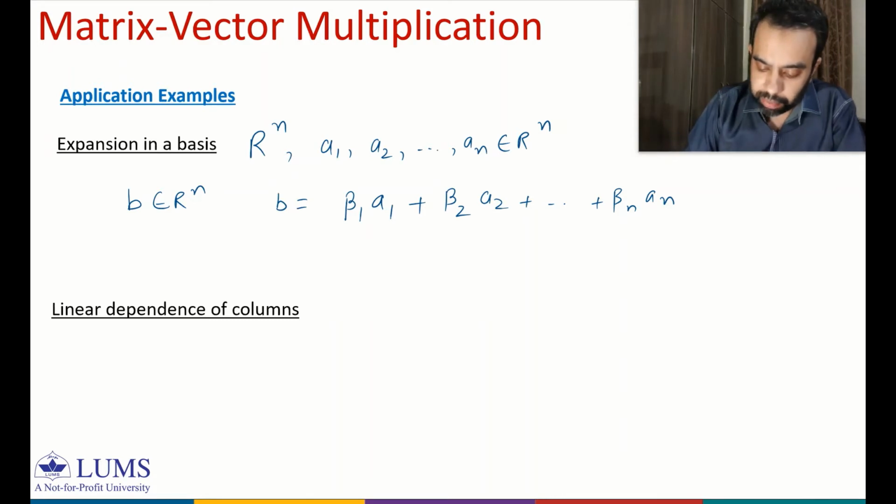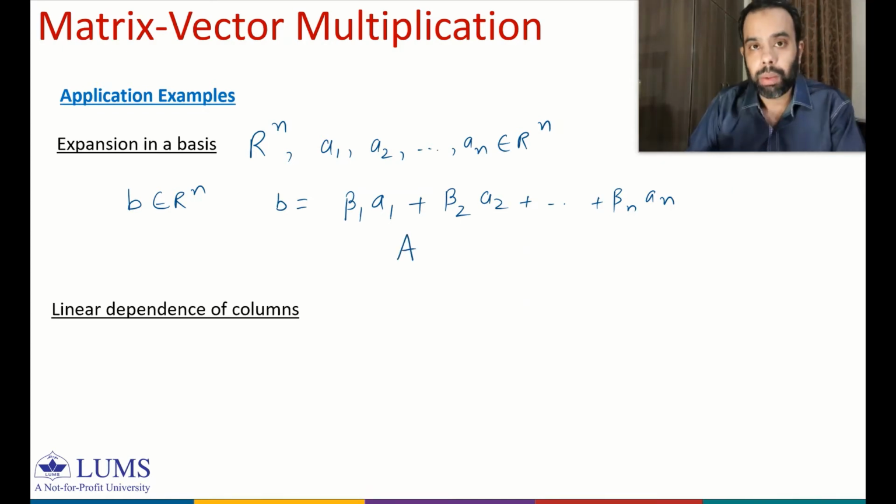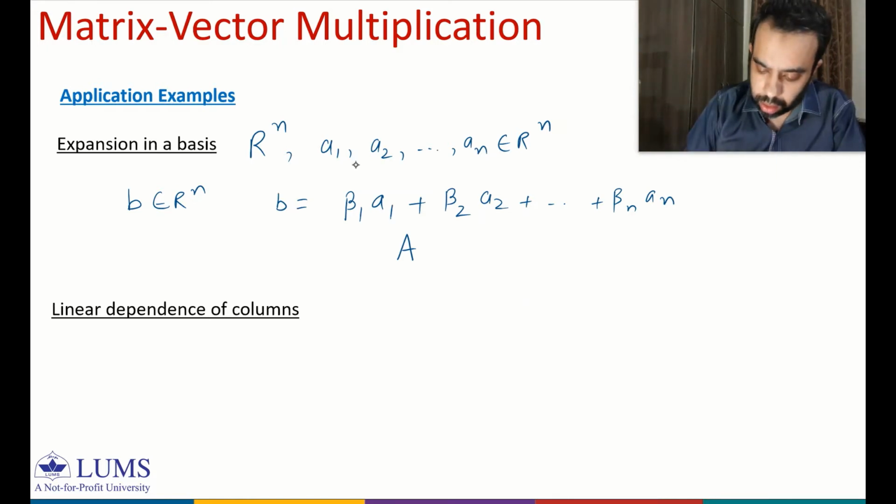If we stack all of these a1, a2, an in a matrix A, so a1, a2, an represent the columns of A, and if I stack all of these betas in a vector beta 1, beta 2, beta n, I can represent b as A times this vector, let me call it beta.